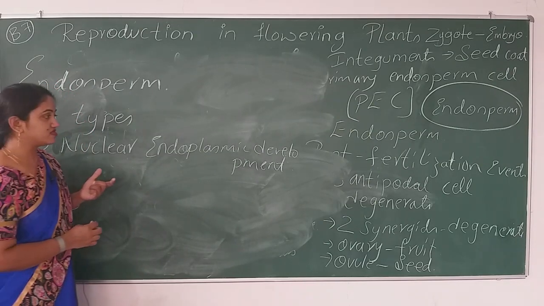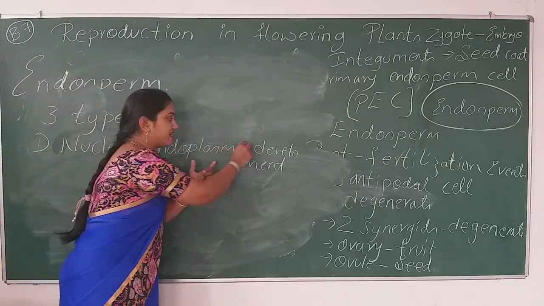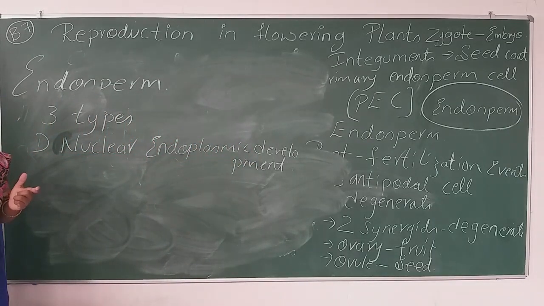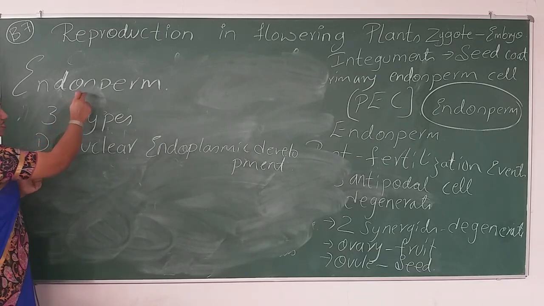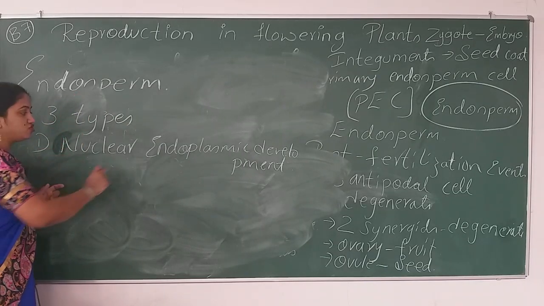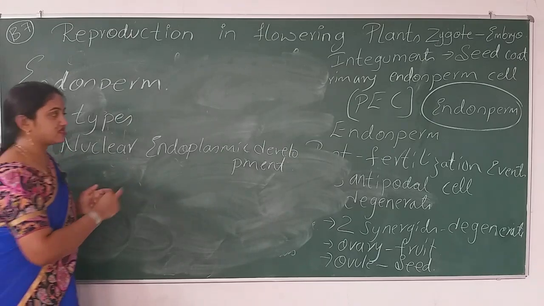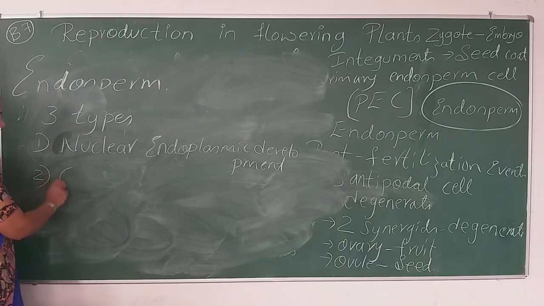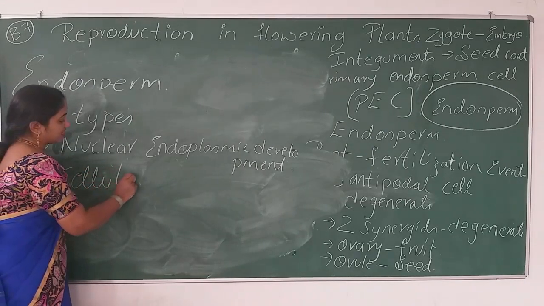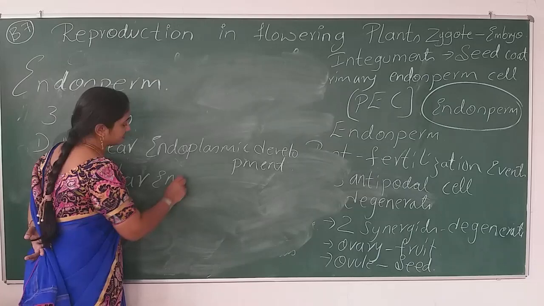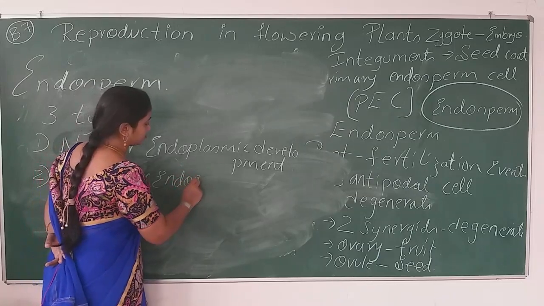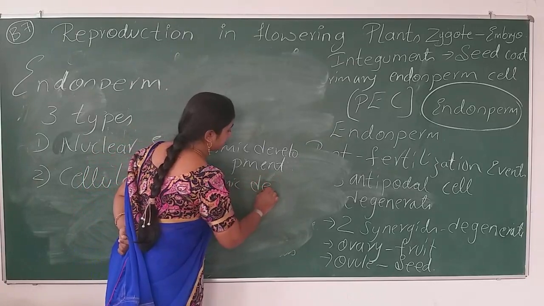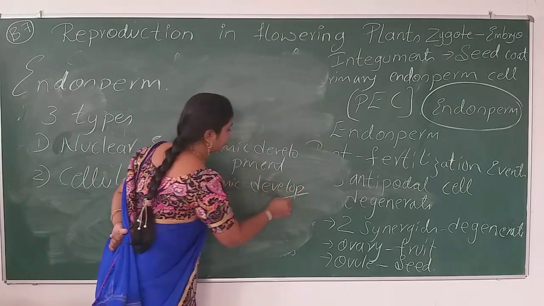In a few angiospermic species, the development is of nuclear type, and in some angiospermic species the development is of cellular type, that is cellular endospermic development.